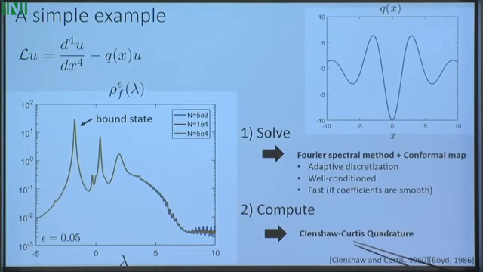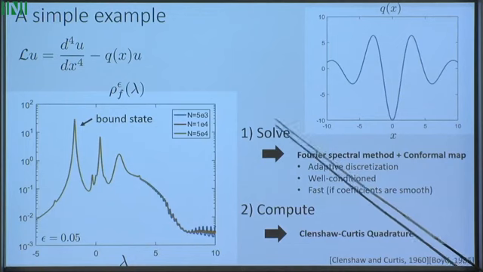In the second step, we just compute the inner products, which are integrals, with a Clenshaw-Curtis quadrature over the circle. Oh, actually, I'm sorry. In this case, we actually just use trapezoid rule on the circle. We can do a couple different domains.